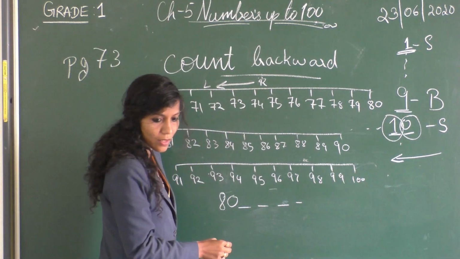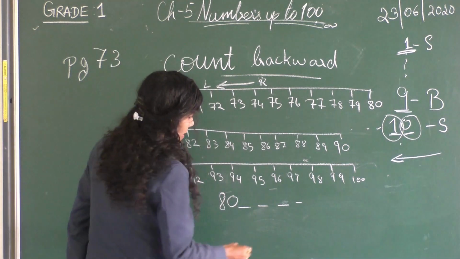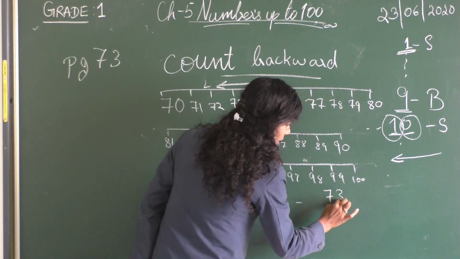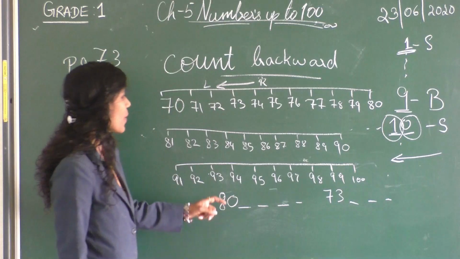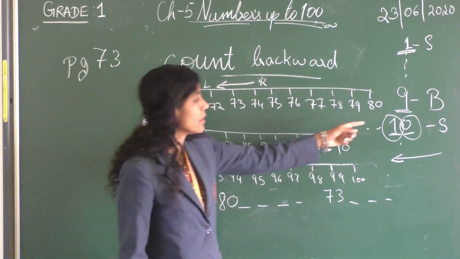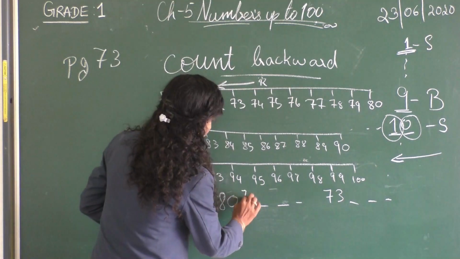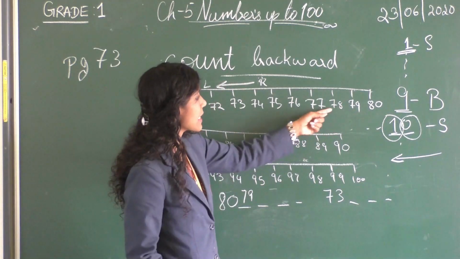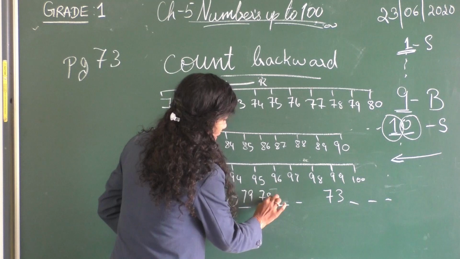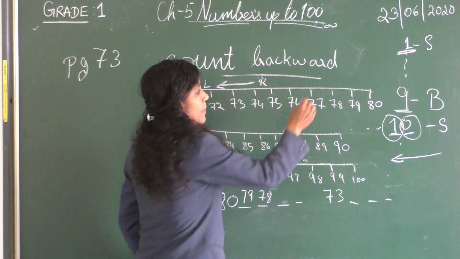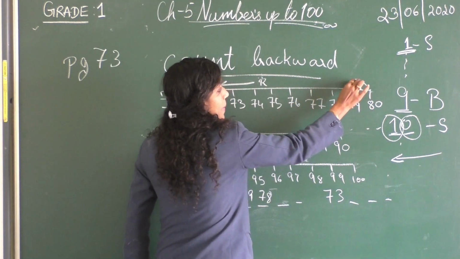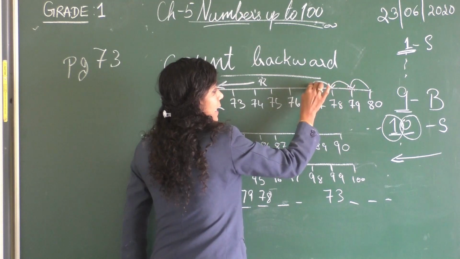Then next is 73, so it continues. Where is 80? 80 is here. So counting backward, you have to come back. 79, 78. Again one step back. From 80 you went back, again one more back.